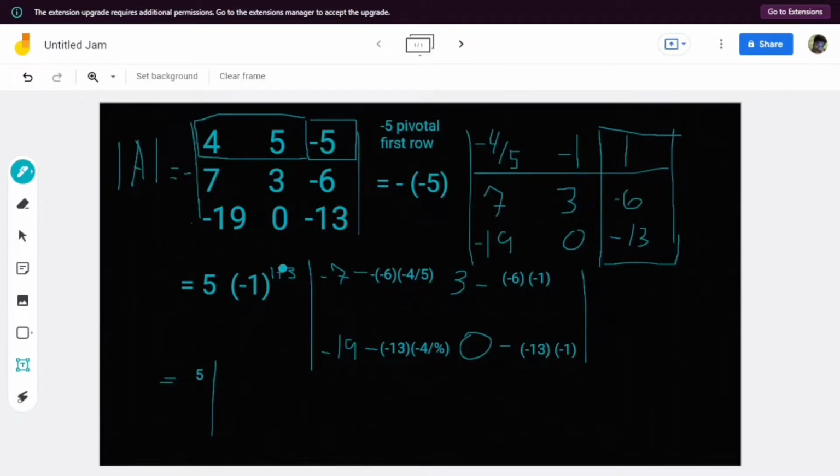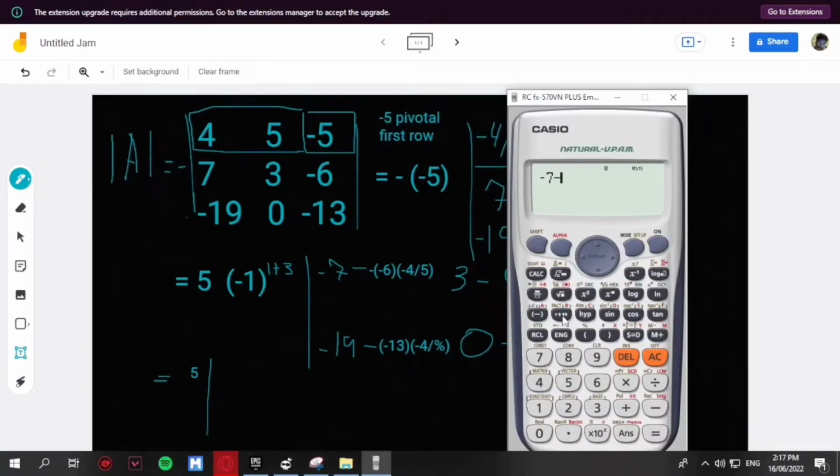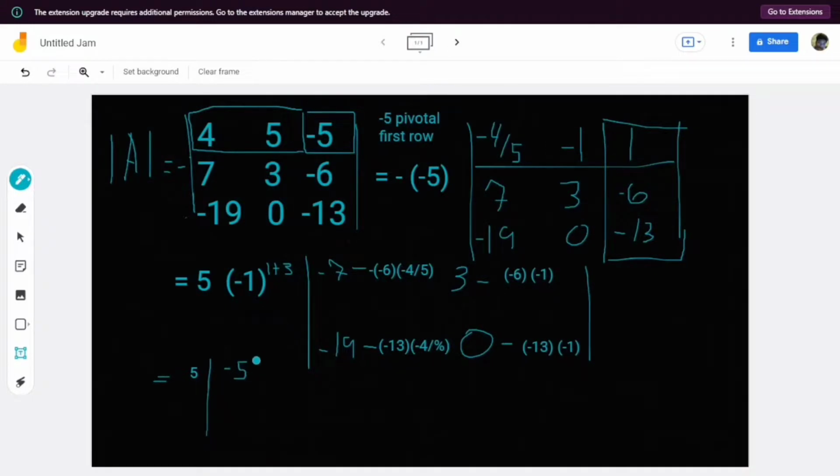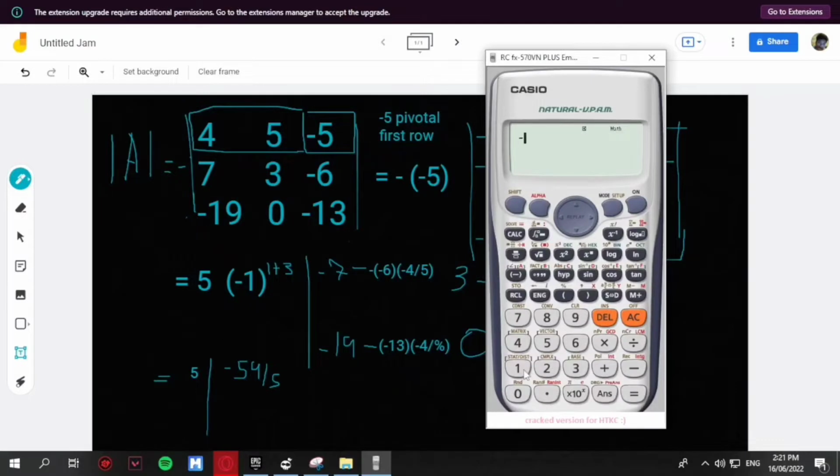Now let's use the calculator to reduce error. We have negative 7 minus negative 6 times negative 4 over 5, and that is negative 59 over 5. And next is negative 19 minus negative 13 times negative 4 over 5, and that would be negative 147 over 5.